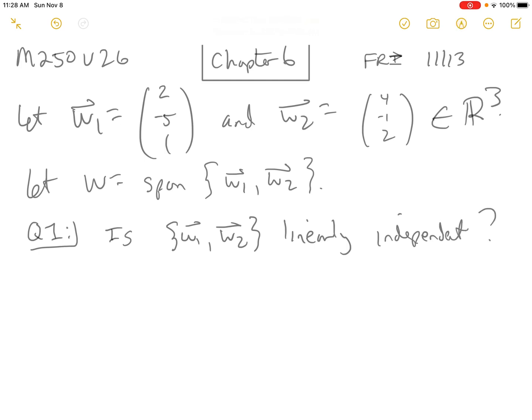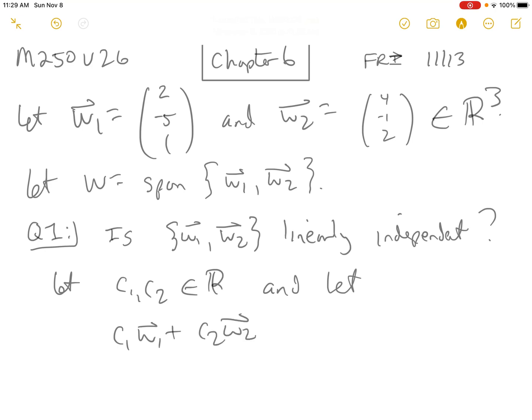Prove or disprove. So here's a moment where you turn off the video and figure out if these things are linearly independent and prove it. There's 2 ways to do that. The standard way is to say, let C1 and C2 be constants, and let C1 W1 plus C2 W2 equal the 0 vector.